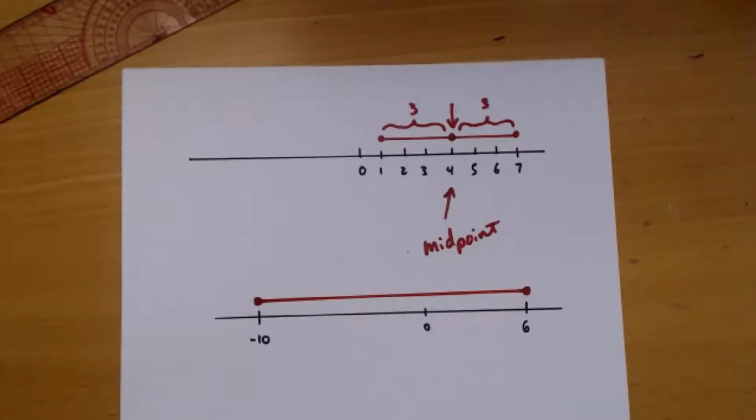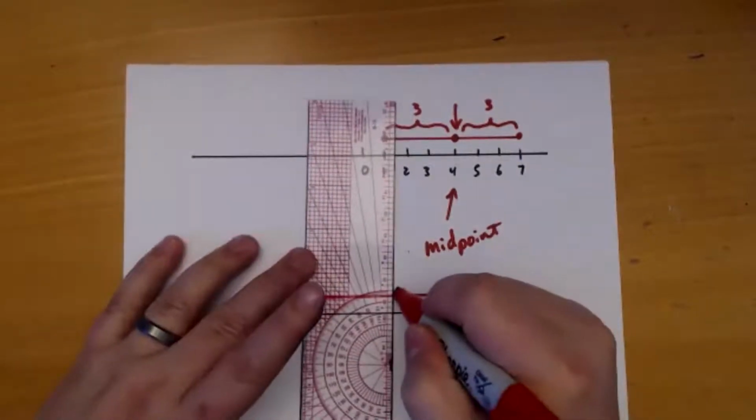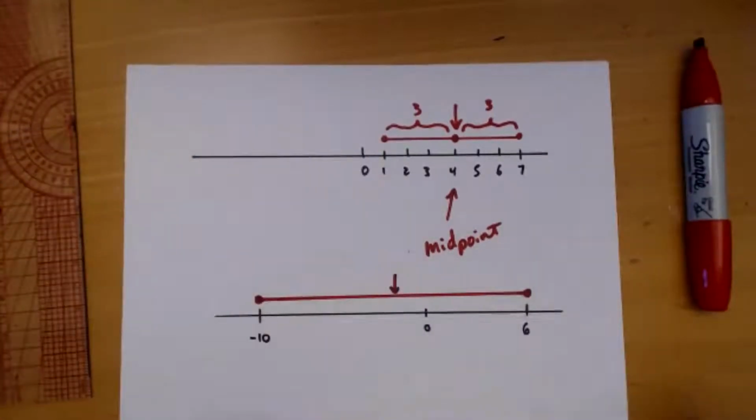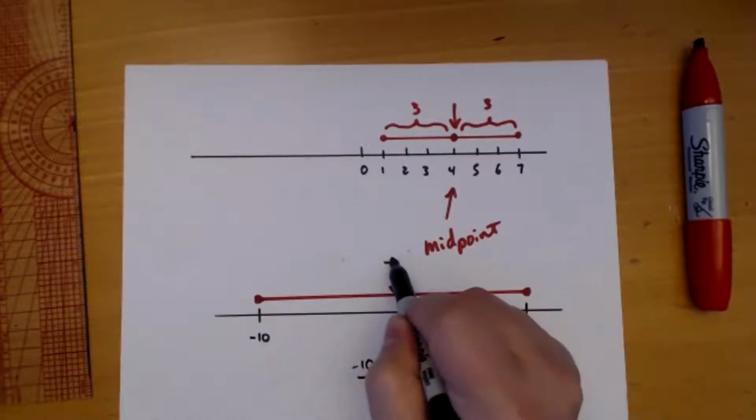Okay. Because -10 plus 6 all over 2 is -4 over 2, which is -2.